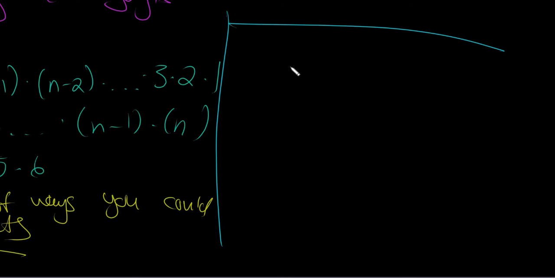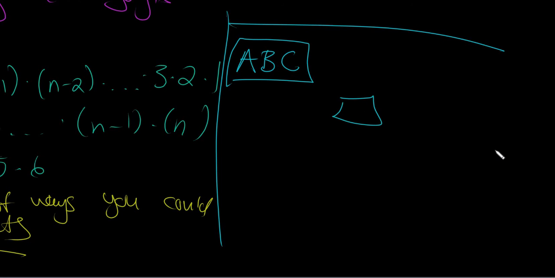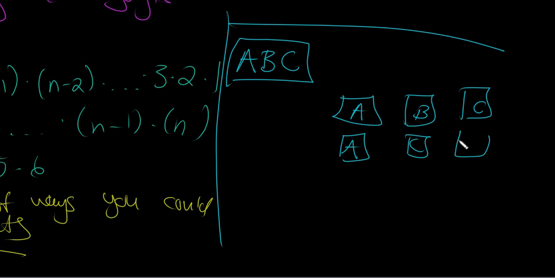So let's say I had person A, person B, and person C. And I need to seat them. There's a seat here, there's a seat here, and there's a seat here. Maybe I seat person A here, person B here, and person C here. Just in that order. Well, I could also do A, then C, then B. Okay, well, that's all the ways I could put A in the first spot. What if I started with B instead?